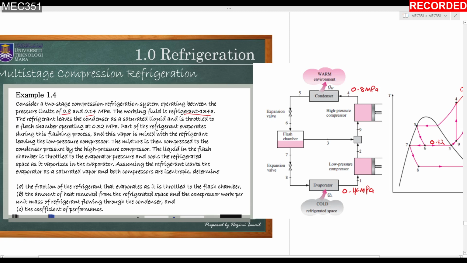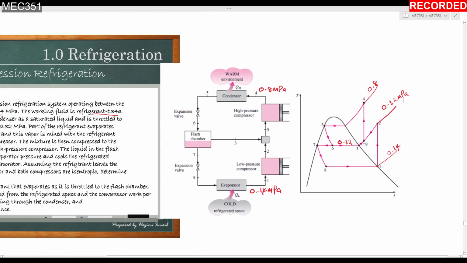Part of the refrigerant evaporates during this flash process, and this vapor is mixed with the refrigerant leaving the low pressure compressor. So it says that the vapor will be mixed with the refrigerant from the low pressure compressor here from state 2.